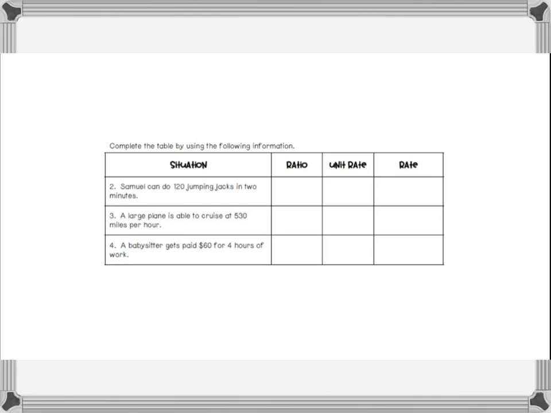So let's look at some situations here. Let's say that Sam can do 120 jumping jacks in 2 minutes. As a ratio, this would be 120 to 2. For a unit rate, remember unit rate means for one or per each. Either way you want to look at it.